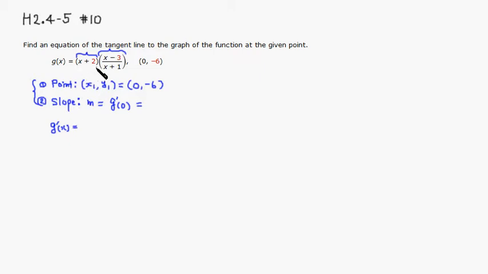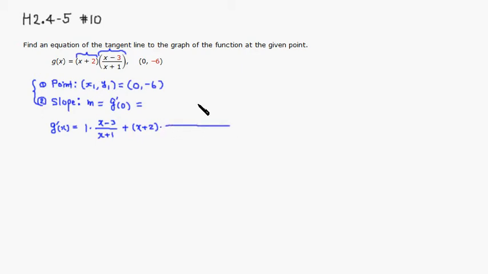Take the derivative of the first guy, which is going to be 1, times the second guy, which is x minus 3 over x plus 1, plus first guy, quantity x plus 2, then you have to multiply by the derivative of the second guy.